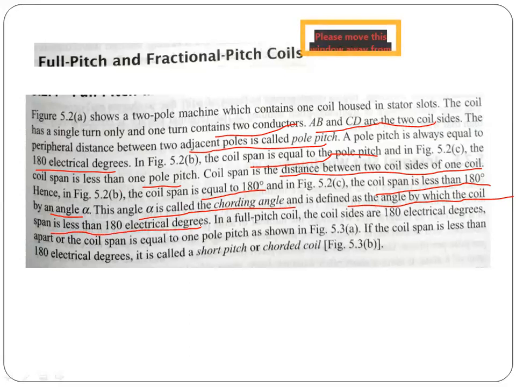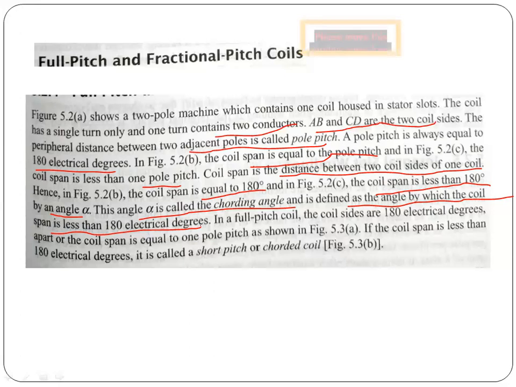That means the total distance between two coil sides of one coil is known as the coil span, and it is generally equal to 180 degrees. But if we make the coil span less than 180 degrees, the angle by which it is less than 180 degrees is the chorded angle.